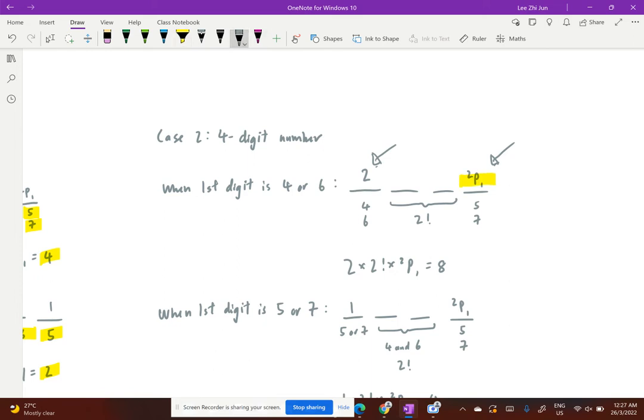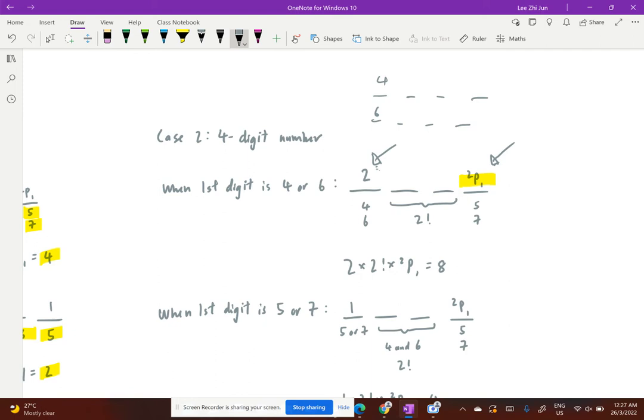So the last digit should be considered first. Only then go to the first. Because the first digit is 4 or 6, no odd number has been used, so 5 and 7 can be considered for the last digit. So 2P1. And 4 or 6 may be used for the first digit, so that sums up to 2.